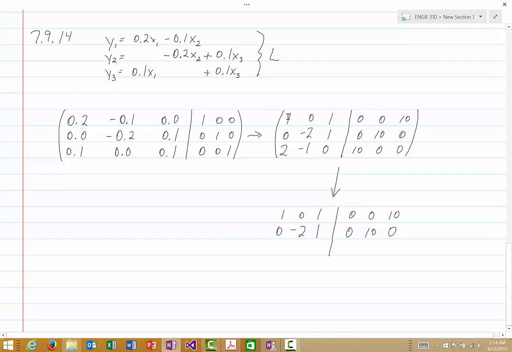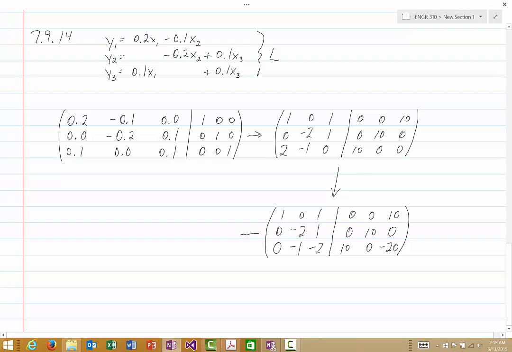And when I multiply the top row by negative 2 and add it to the third row, we'll get 0, and then negative 1, and negative 2 times 1 is negative 2, and 0 is negative 2. Negative 2 times 0 added to 10 is still 10, and this is 0, and negative 2 times 10 is negative 20, and add that to 0 and we get negative 20. So when we multiply the top row by negative 2 and add it to the bottom row, this is what we will get.